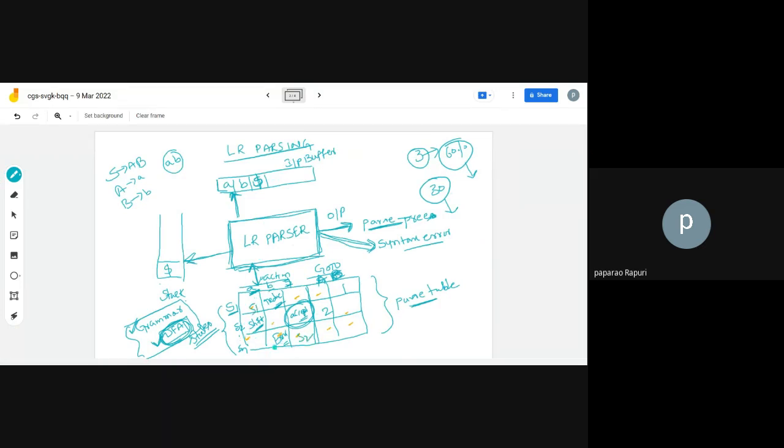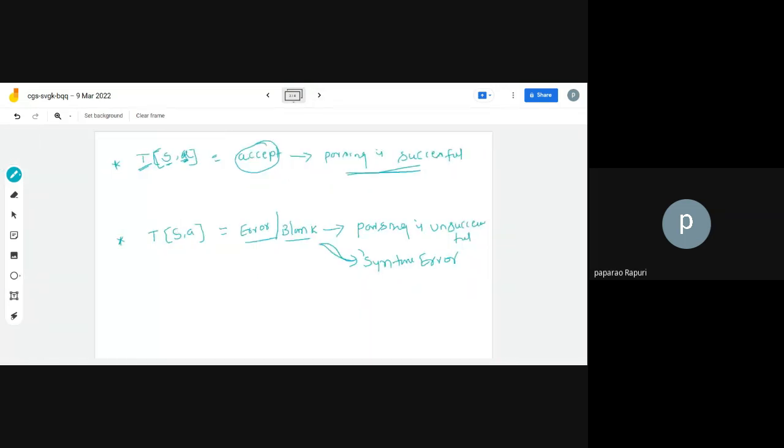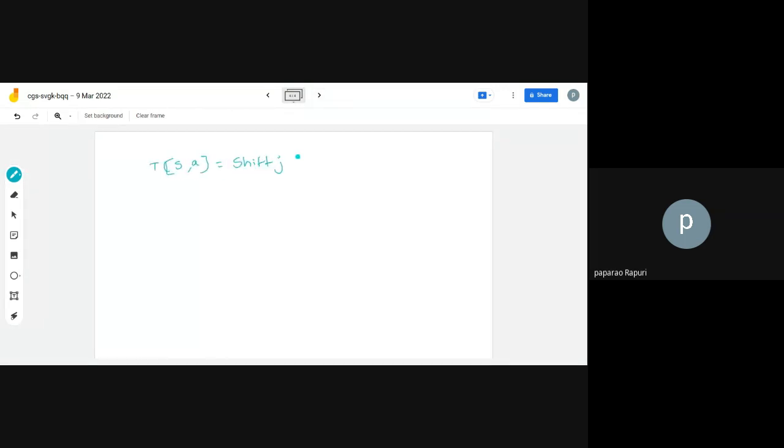If we see those cases, we need to do a shift operation. In the previous class, I discussed shift reduce parsing. In that, I told you shift means push.